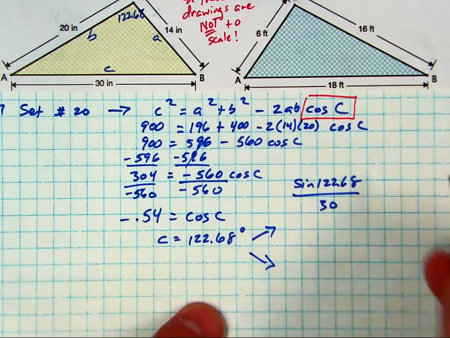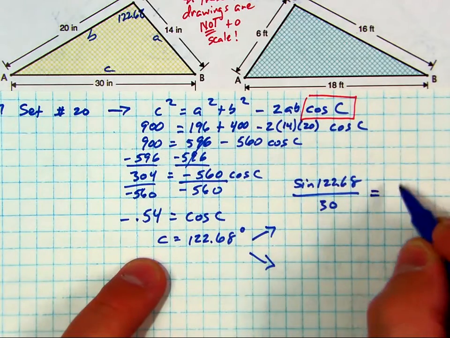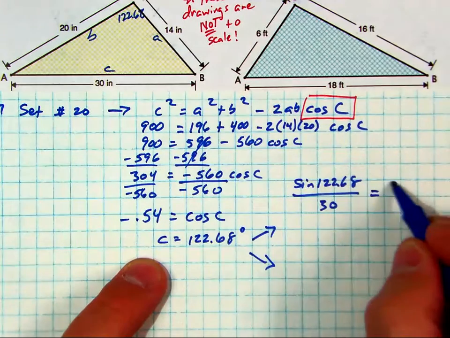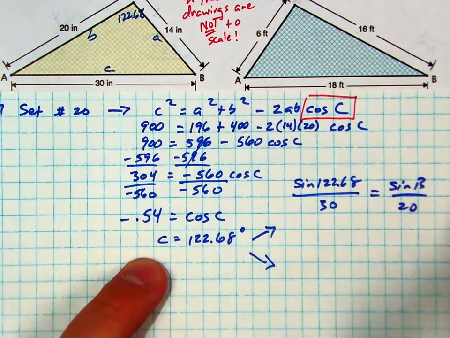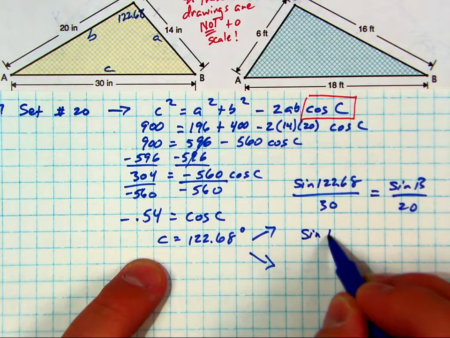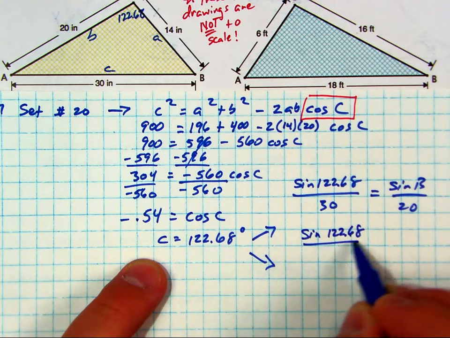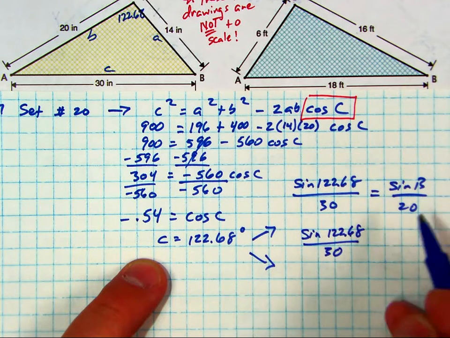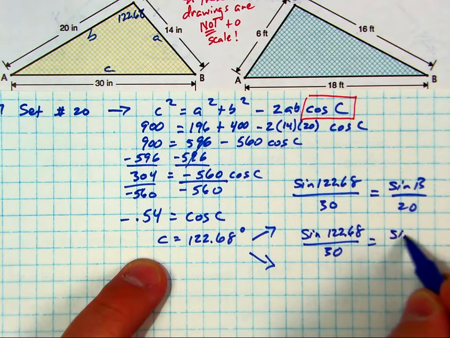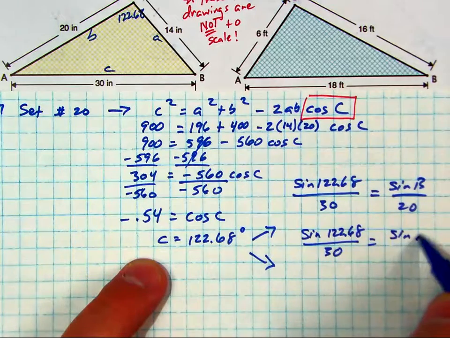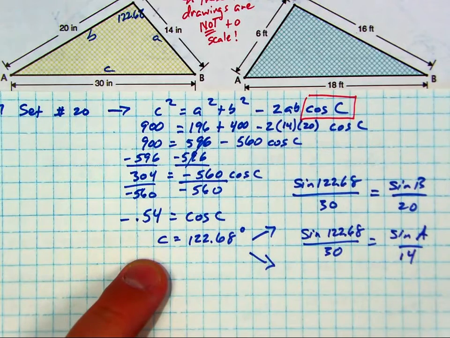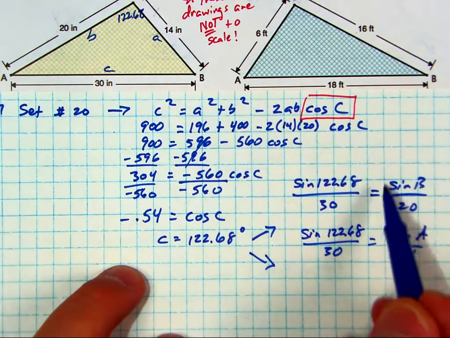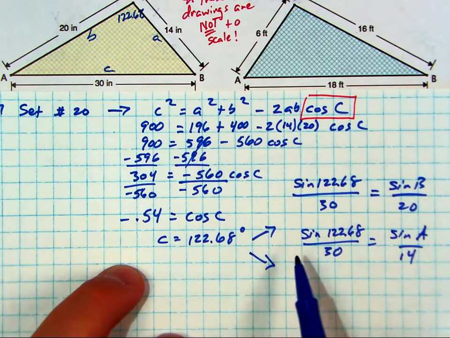So you're going to set that equal to, let's do side B. The sine of angle B over side B is 20. Solve that one like we did on the other video. And then you use the same known quantity right here. This is just a number. Once you plug it into the calculator, that's going to be equal to sine of A over side A, which is 14. And that's how you can find the other two angles. Or you can find one of them and then use triangle sum theorem to find the third angle. Okay?